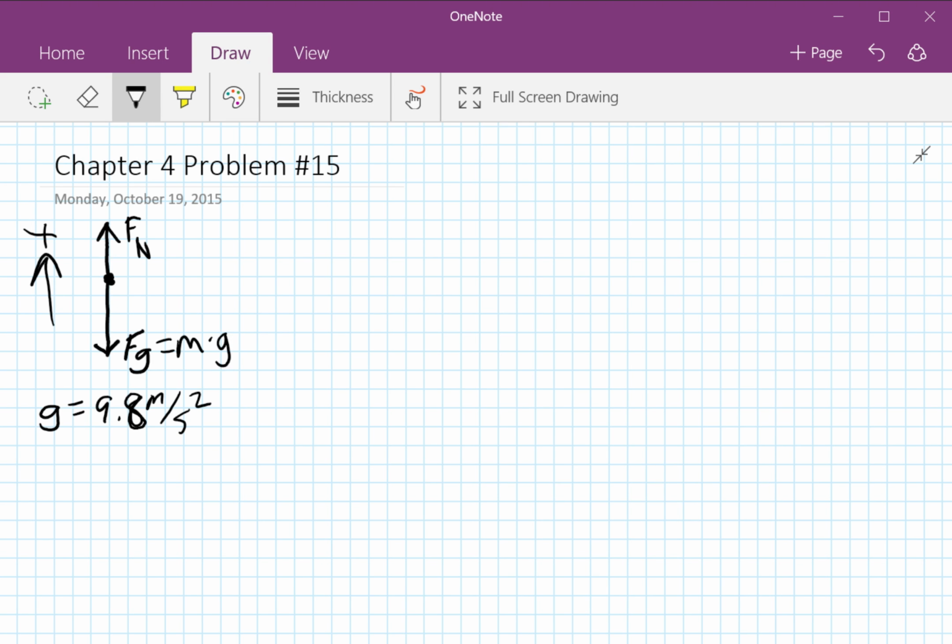And if it says the normal force is 3/4 the person's normal weight, well, the weight is just another way of explaining the force of gravity acting on the person. So we can just say Fn equals 0.75 times mg.